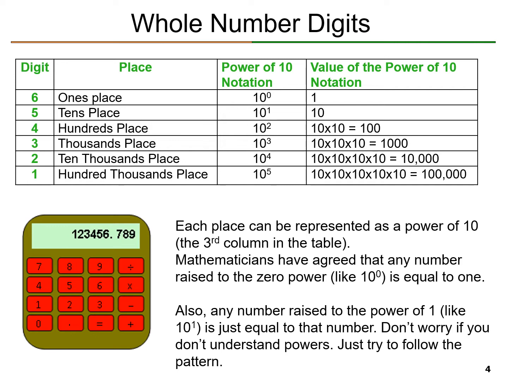So 5 has a value of, or a worth of 5 times 10, which is equal to 50. Now, had we put the 5 in the hundreds place, the 5 would have a value of 5 times 100, which is 500.